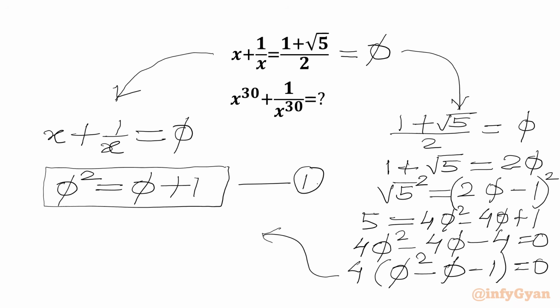Now I will consider x plus 1 over x equal to φ equation. I will consider squaring both sides. So I will write here x plus 1 over x equal to φ.